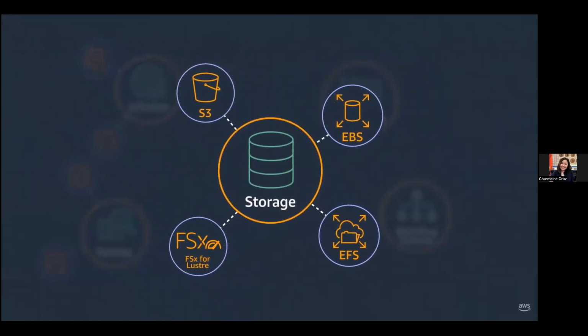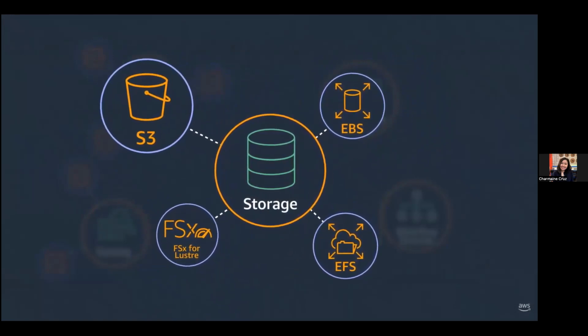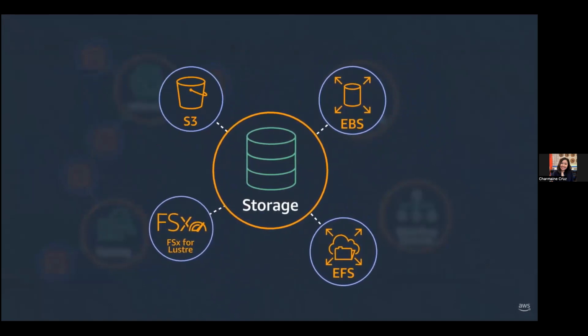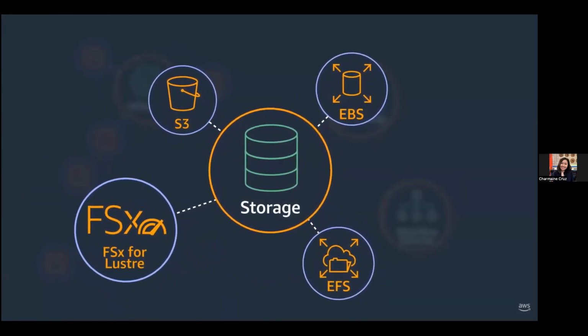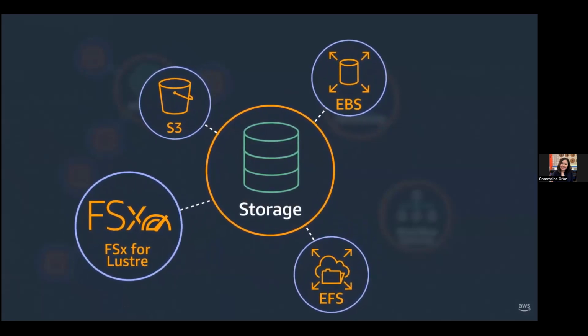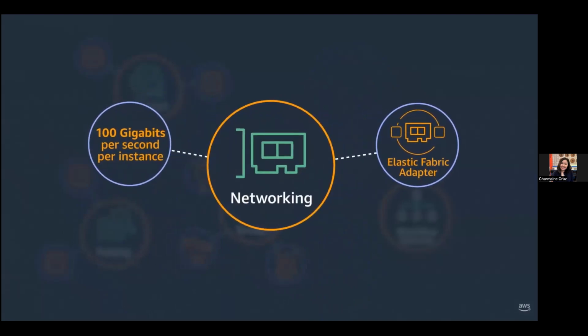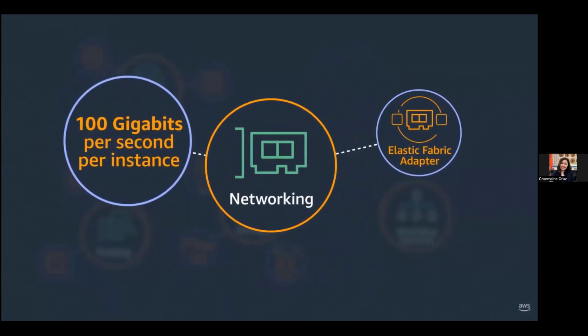For cost-effective shared file storage of large amounts of data needed to train models, Amazon S3 is a great solution. To further increase storage performance, Amazon FSx for Lustre delivers shared file storage with high throughput and consistent low latencies. AWS was first in the cloud to offer 100 gigabits per second per instance of network bandwidth.